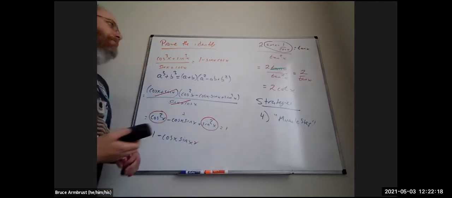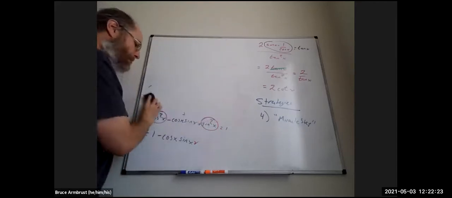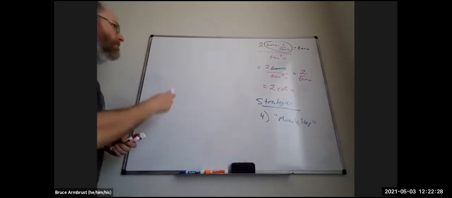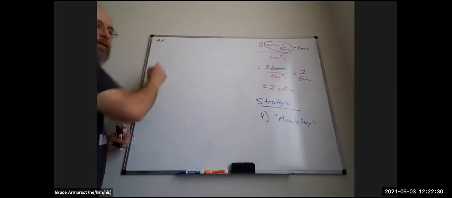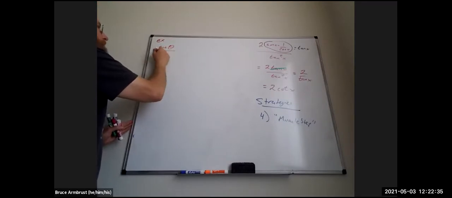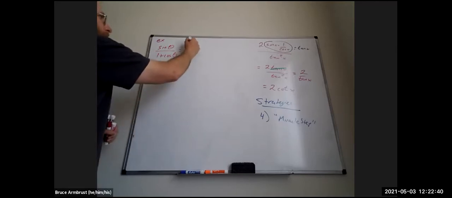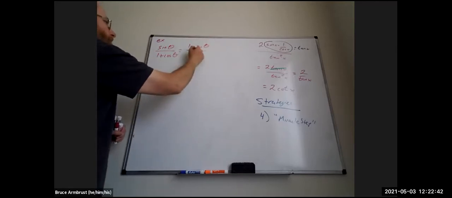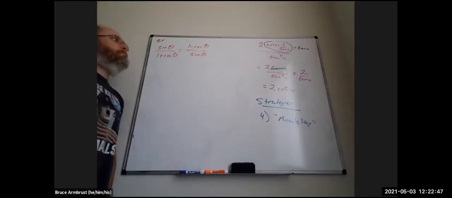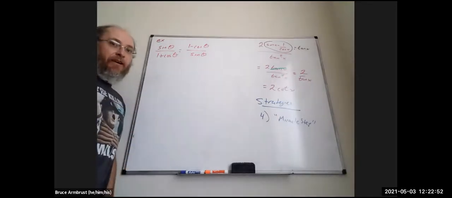But let me show you an example of one of these that requires this quote unquote miracle step strategy. So let's say we've got this guy. We're going to go to sine over 1 plus cosine, and that's going to equal 1 minus cosine over sine.